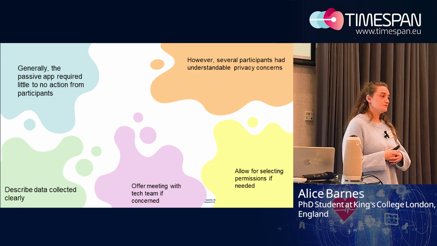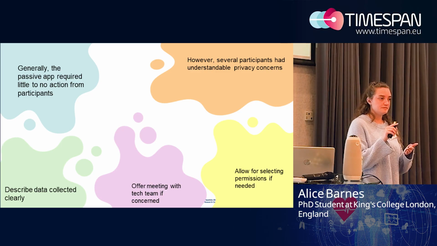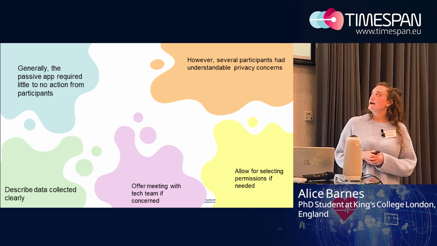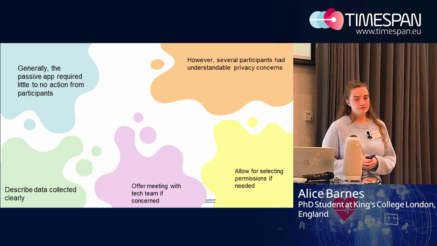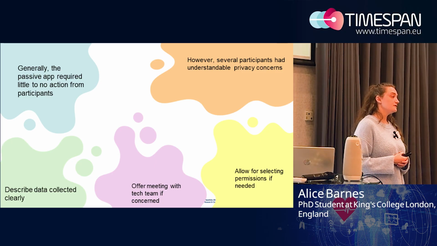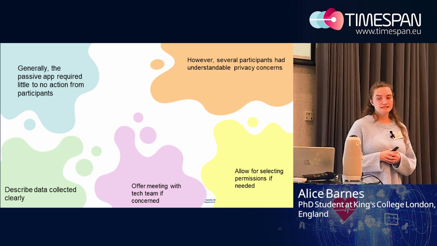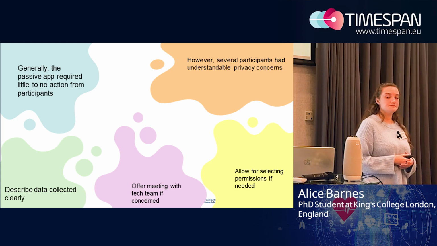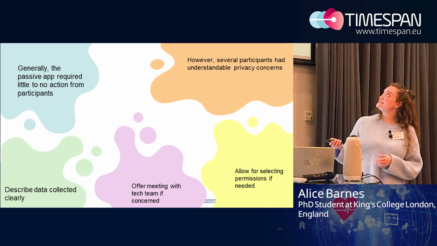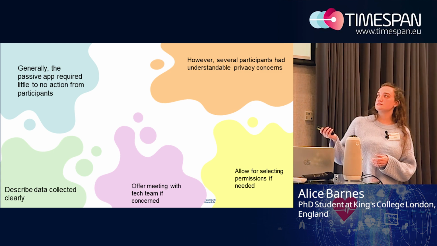So if you're uncomfortable with background noise, you can just deny the permission for audio. So we did allow participants to basically decide what they were comfortable with, especially if they'd been in the study already. It's sort of better to lose some data points than whole participants. So they could tailor it to their comfort levels, essentially.